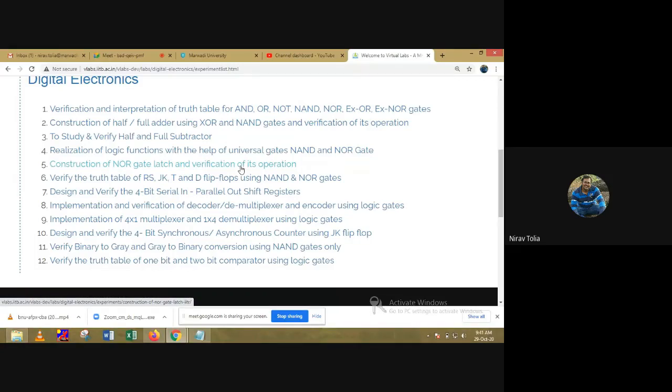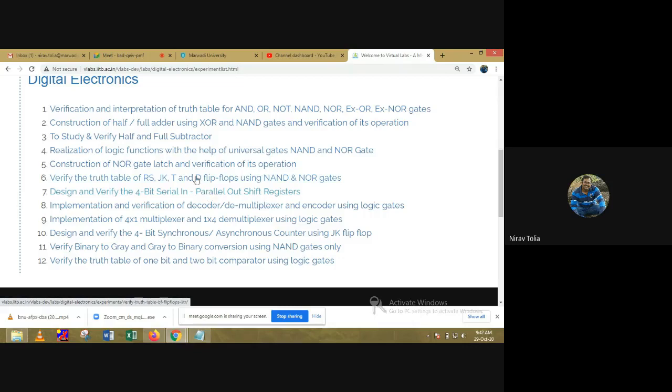We also covered the decoder, demultiplexer, encoder, multiplexer, gray to binary conversion, and the comparator. The pending experiment is the counter, 4-bit serial in, serial out, or parallel out.